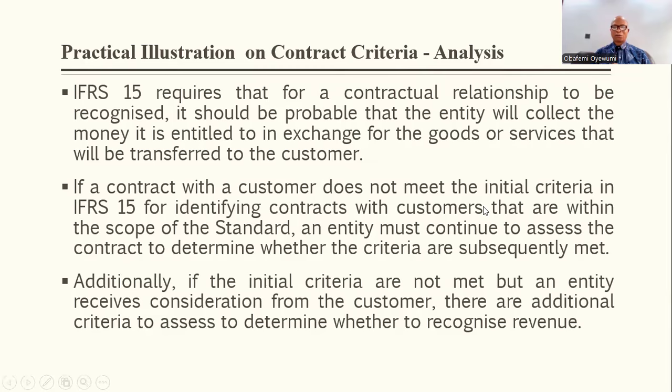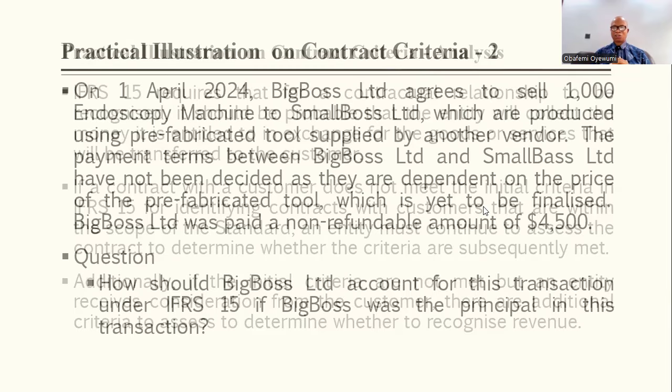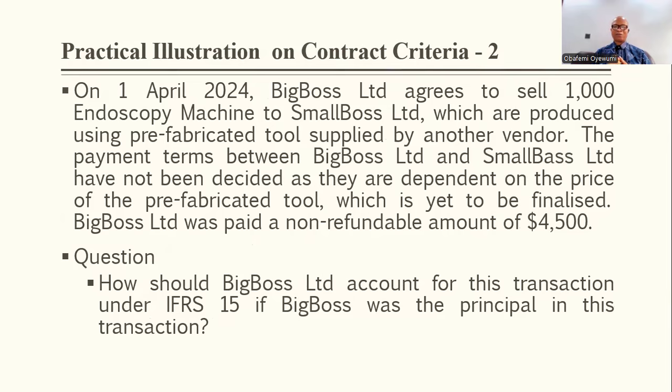Let's look at another practical illustration. On the 1st of April 2024, Big Boss Limited agrees to sell 1,000 endoscopy machines to Small Boss Limited, which are produced using a prefabricated tool supplied by another vendor.